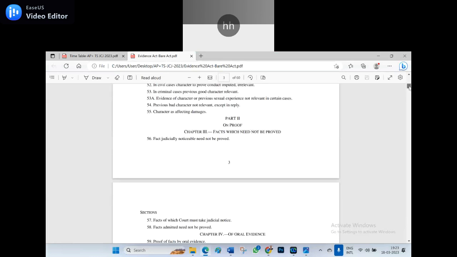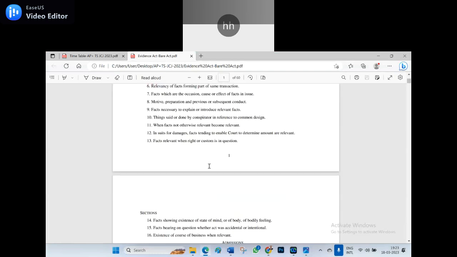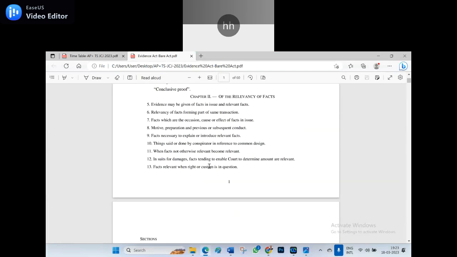Section 5: evidence may be given of the facts in issue and relevant facts. 6: relevancy of facts forming part of the same transaction. 7: facts which are the occasion, cause or effect of facts in issue. 8: motive, preparation and previous or subsequent conduct. These two, which I changed. Is it or not?